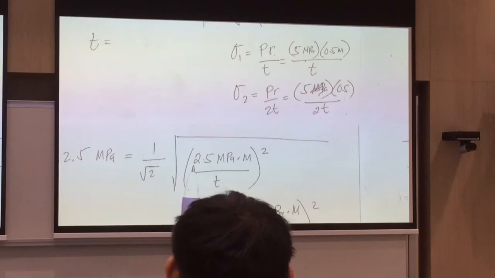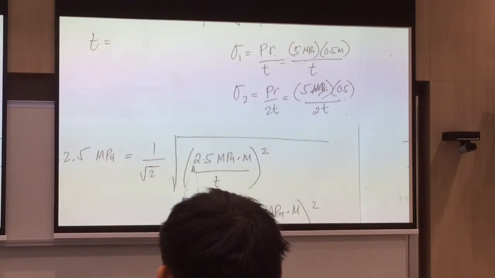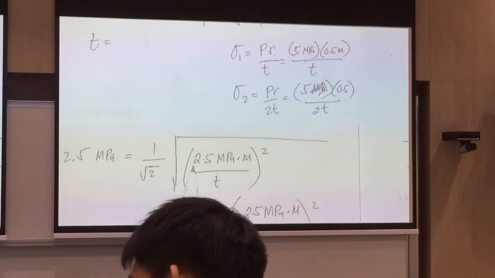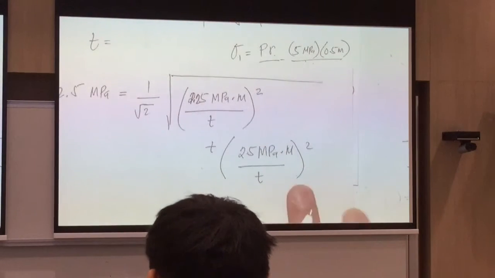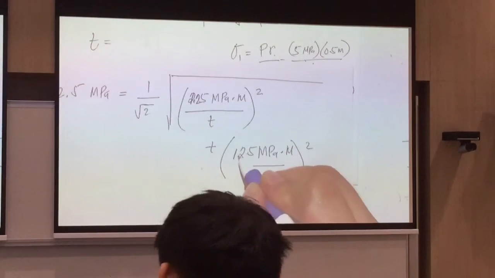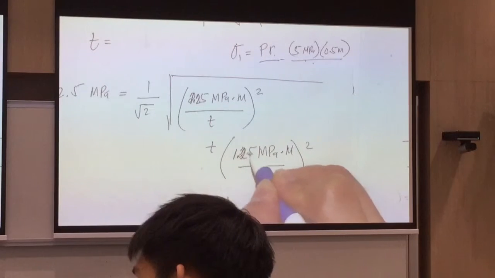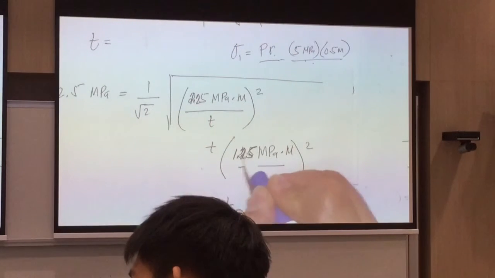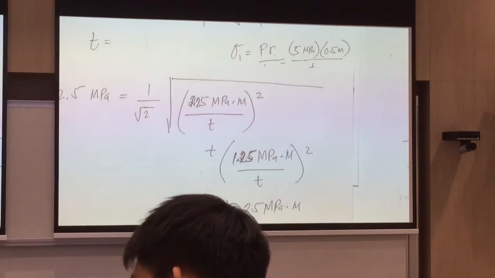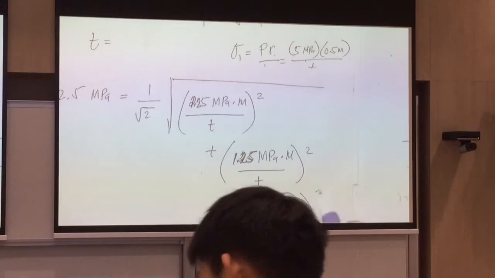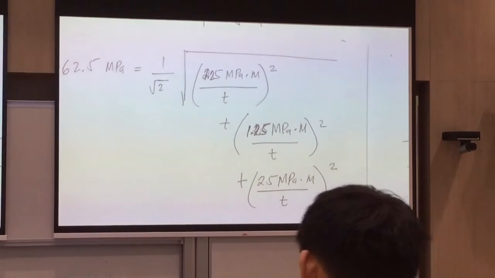This one is, okay, 2.5 minus 1.25, yes? So this one is 1.25. And this one will be 2.5. Is that okay?